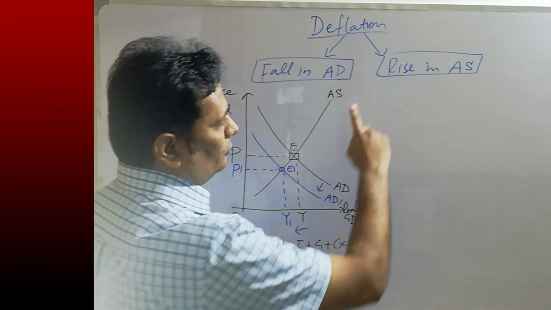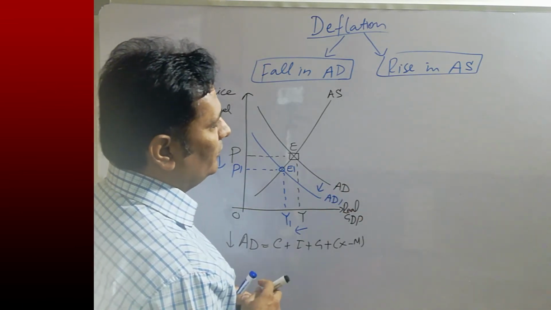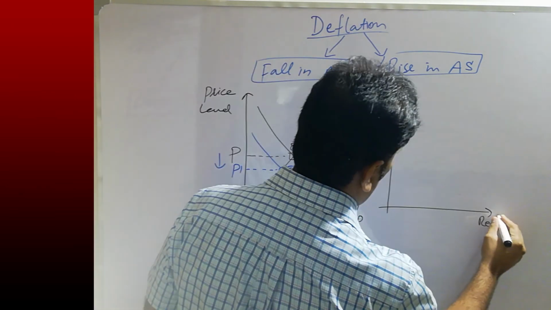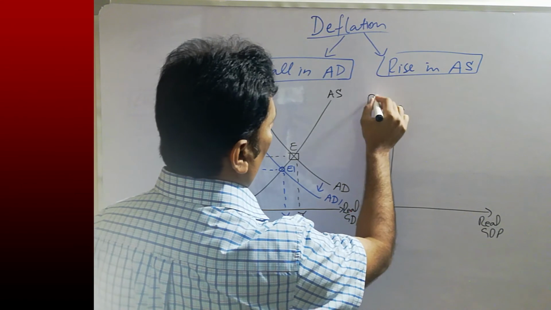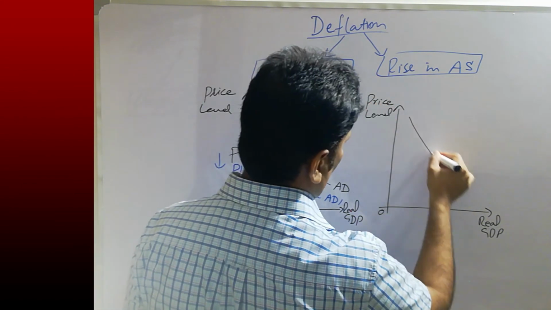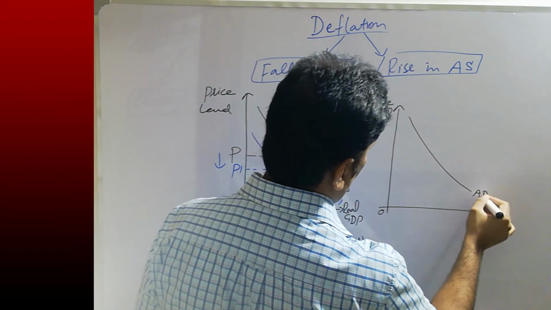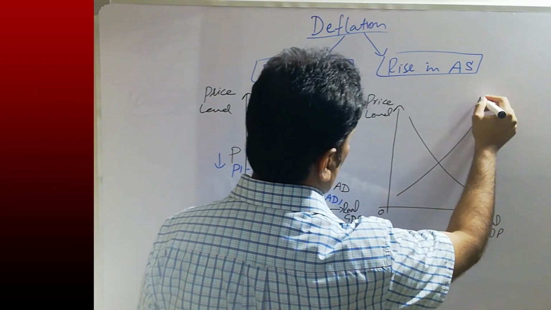Now coming to the second cause of deflation, that is rise in aggregate supply. We have real GDP on X, this is the origin point, and on Y we have price level. Initial aggregate demand is AD, aggregate supply is AS.